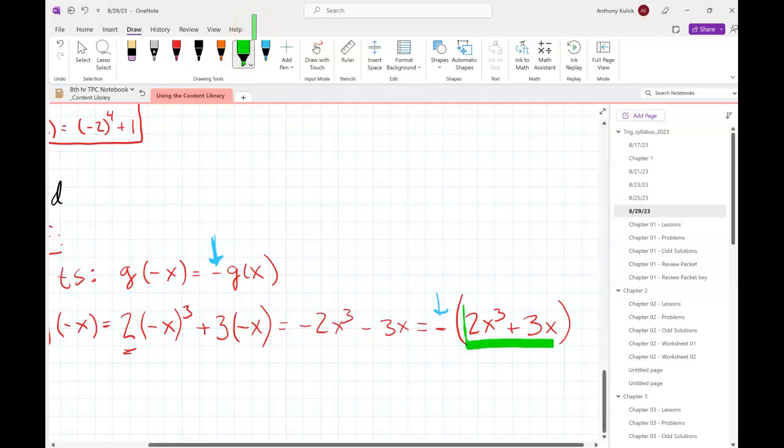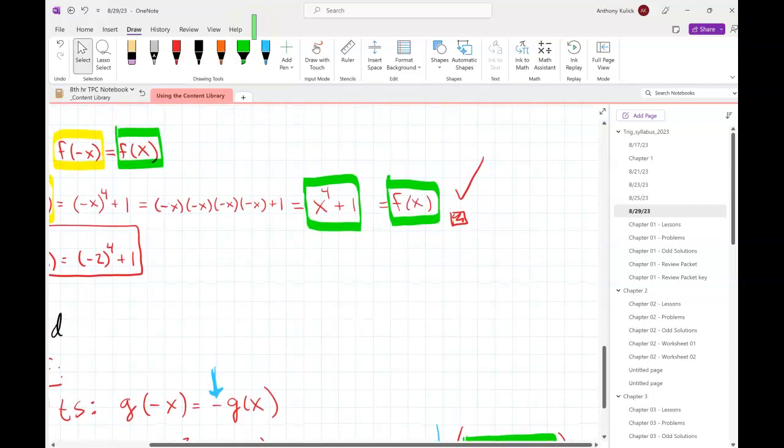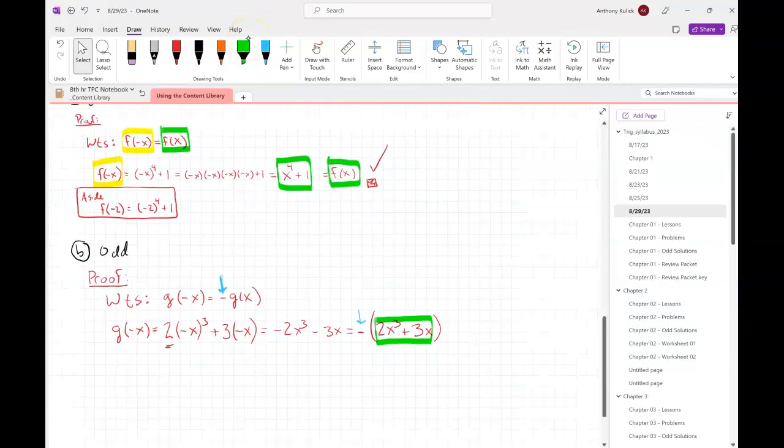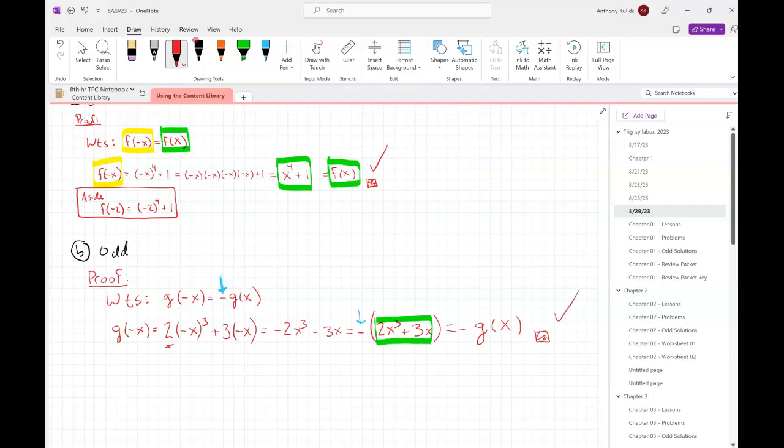And if I look at this, that is exactly g of x. And since I have the negative out front, what I have here is just negative g of x. And I'm done. I want to make that negative sign real fat there so I don't forget to write it down. It's that same negative sign that we just factored out.